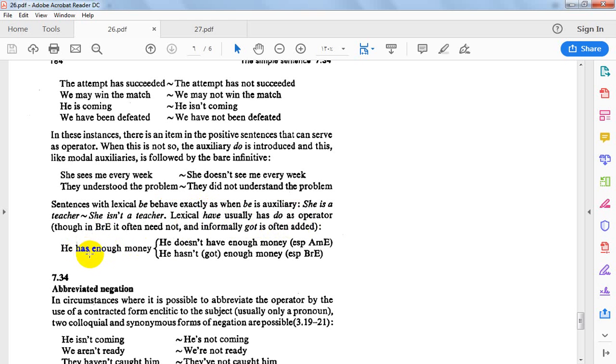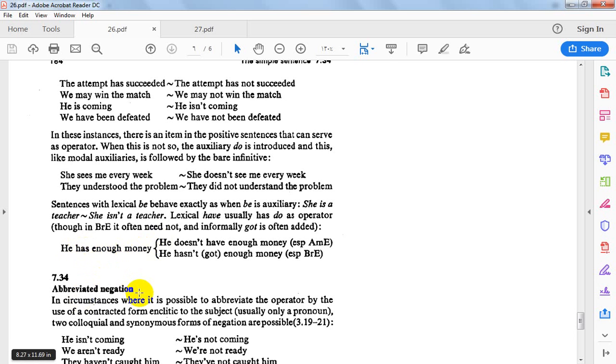He has enough money. I can say, in American, he doesn't have enough money. In British, he hasn't got enough money. If you look at the sentence, has is the main verb here. I can negate this main verb saying he hasn't enough money, which is British. I can say he doesn't have enough money in American English, especially in America.